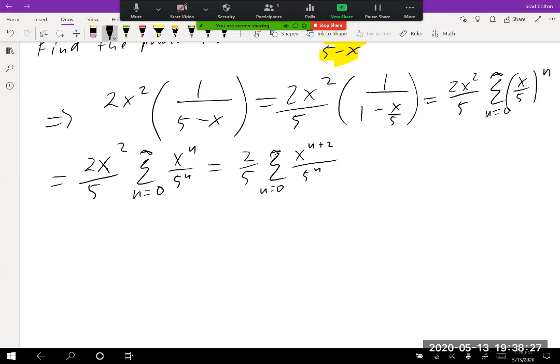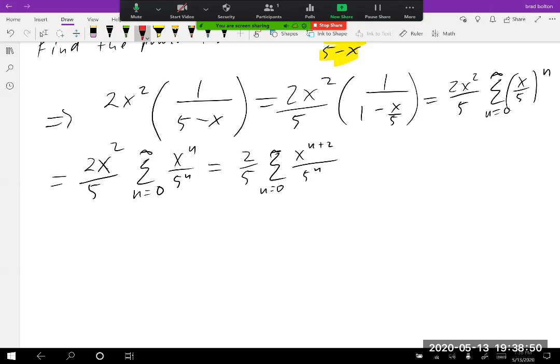If I multiply all of that by x squared, won't that just raise the power of every term by 2? So that's what I did. And now I have x to the n plus 2, because when you have same bases, you add the powers, right? So this is technically a correct answer.